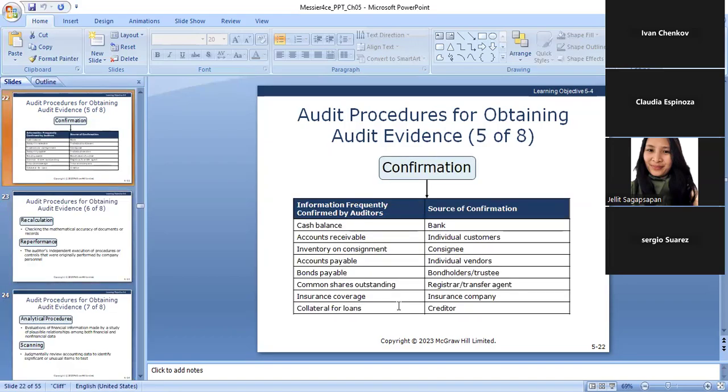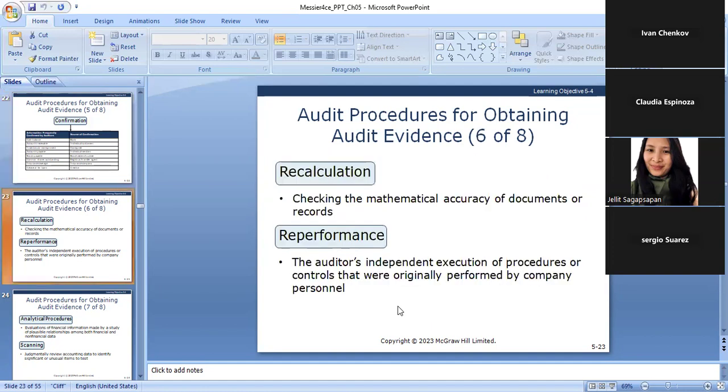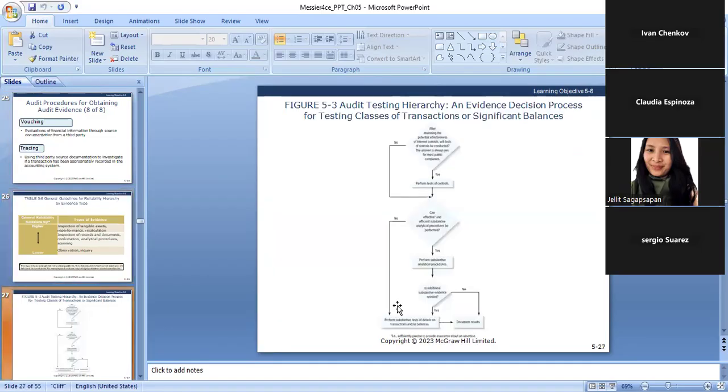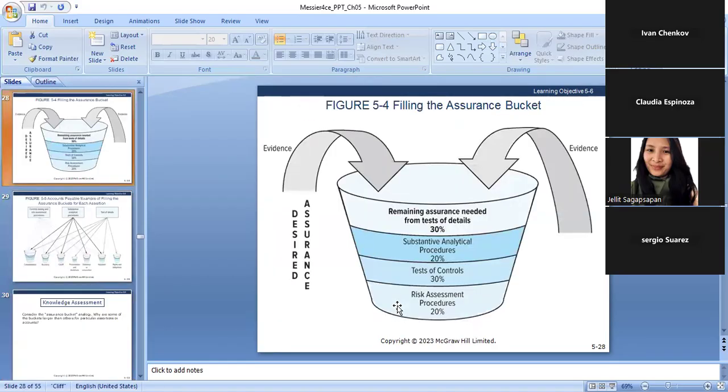And then we're going to go with how we're going to obtain those audit evidences. We're going to go with the types of evidences, and then the desired level of assurance and the evidences that we want to gather in order to achieve that desired level of assurance.